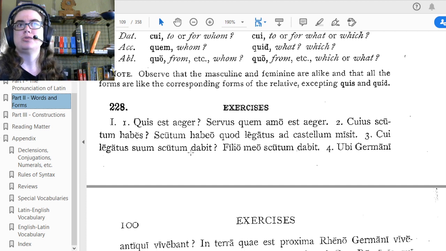So, cuius scutum habes? Whose shield do you have? Scutum habeo quod legatus ad castellum misit. I have the shield which the legate sent to the camp.